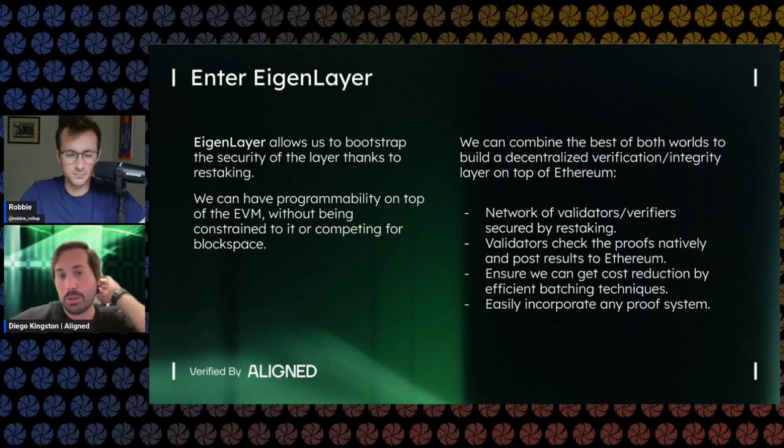So the good thing is that we can combine the best of both worlds to build a decentralized integrity layer, or verification layer, on top of Ethereum. We have our network of validators or verifiers, which is secured by restaking.